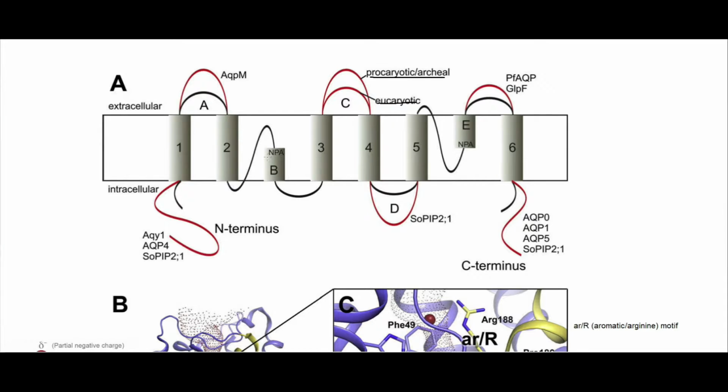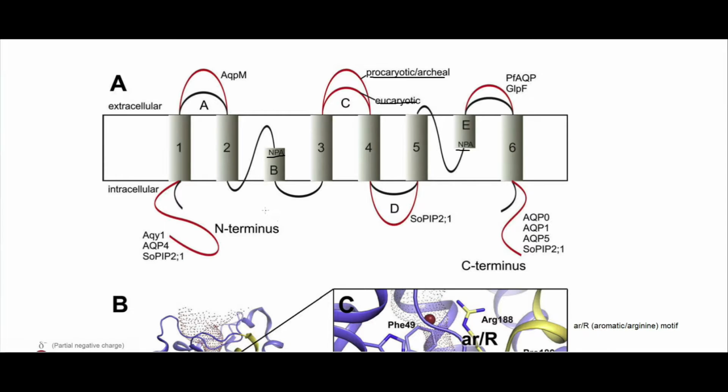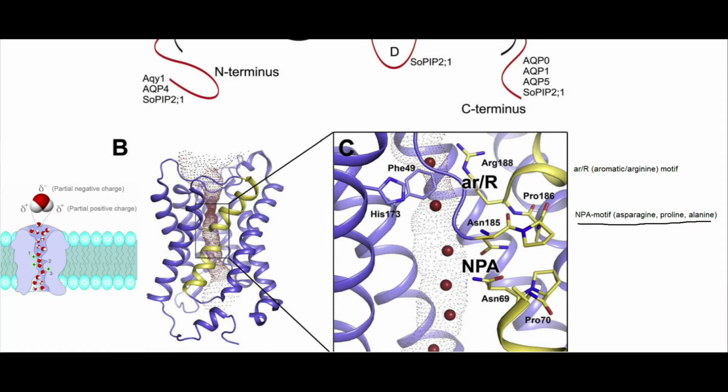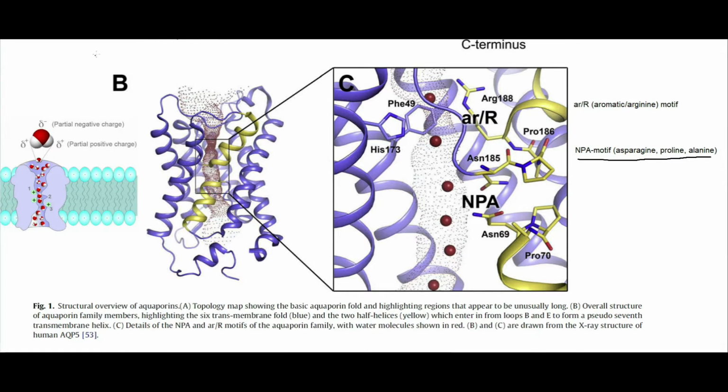And we have this NPA motif here as well, the asparagine, proline, alanine motif. Let's actually look at that a little bit. This little picture here, which I got from Socratic, is just showing a schematized look at water going through this channel.